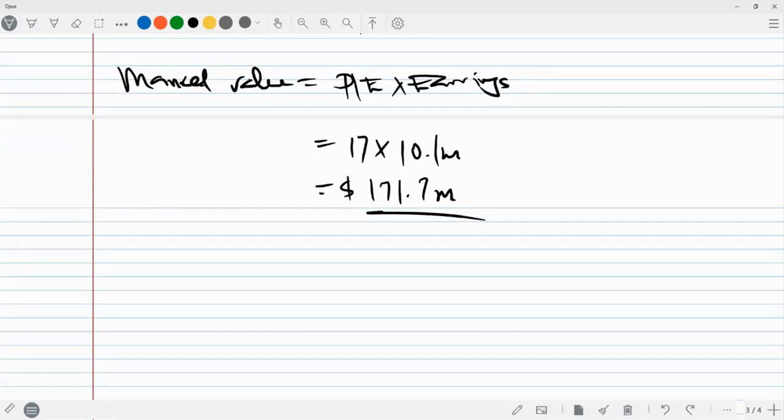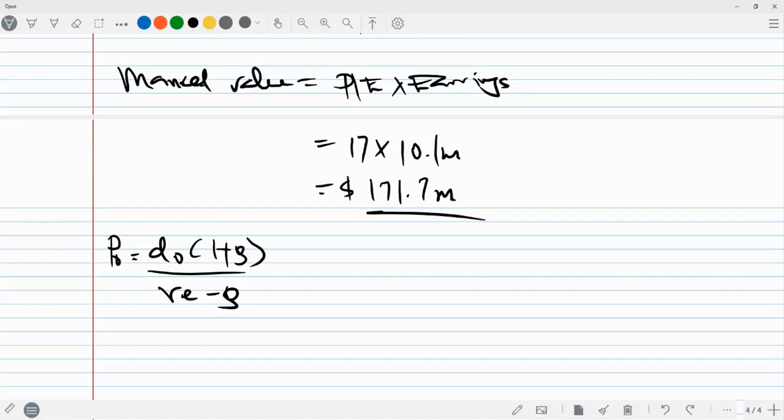What is the company's value if you use the Gordon growth model? P naught is given by D naught times 1 plus G, over cost of equity minus G. First we need D naught, and D naught as per 2012 is 6 million. We have it already. For the growth in dividend in this example, you use the historical growth in dividend.